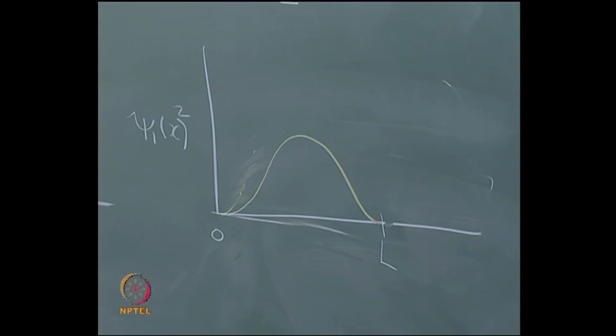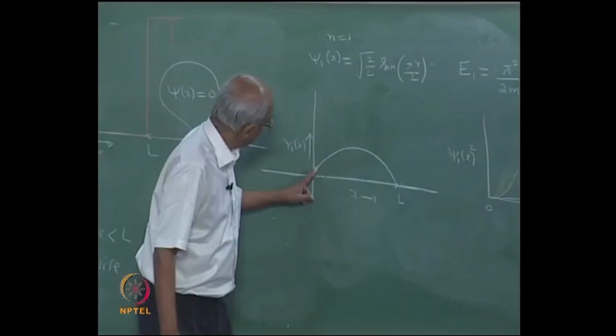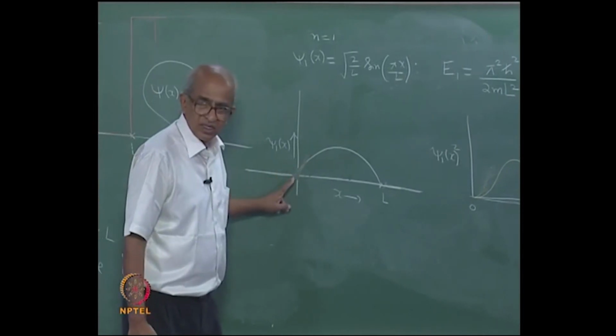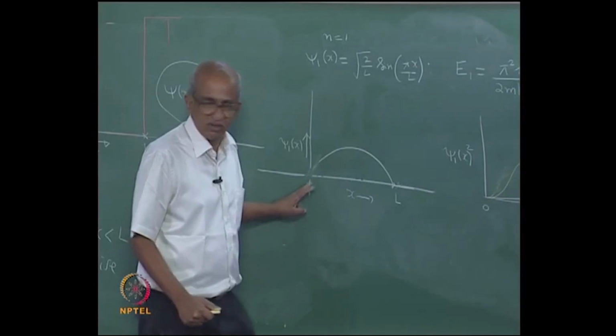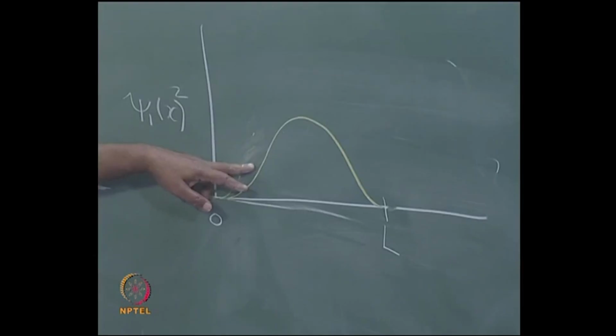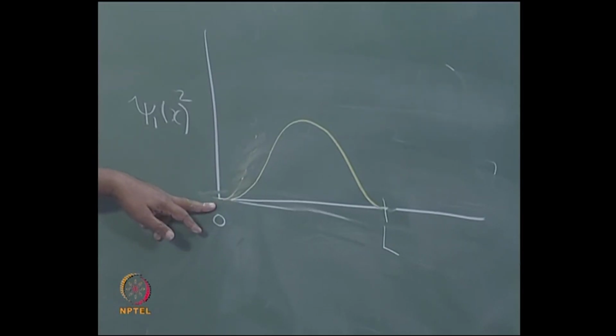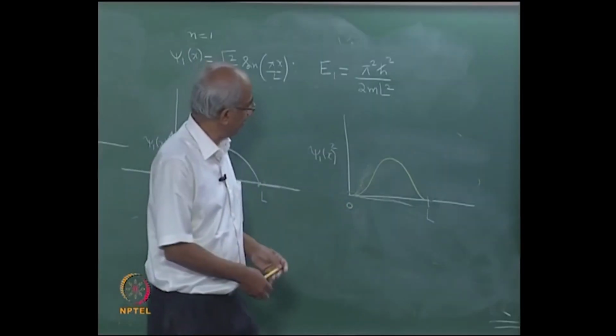What is the difference actually? The difference between this plot and that plot is, if you look at the slope of this curve at x equal to 0, the slope is finite, it is non-zero, while the way I have drawn here, this slope has the value 0. That is the difference between the two plots. Otherwise, they look almost the same.